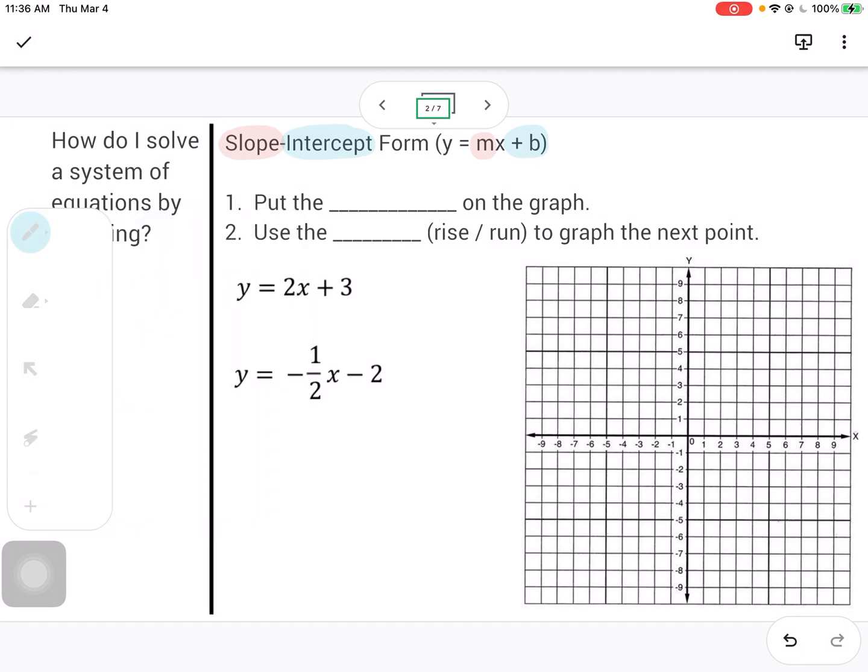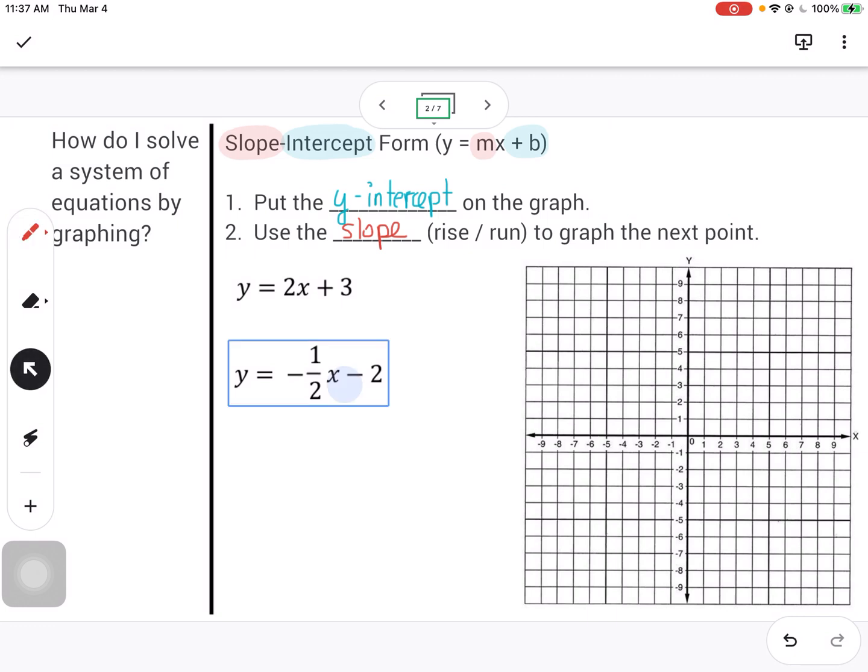So to graph using one of these equations, we are going to first put the y-intercept on the graph, and then we're going to use the slope to graph the next point.